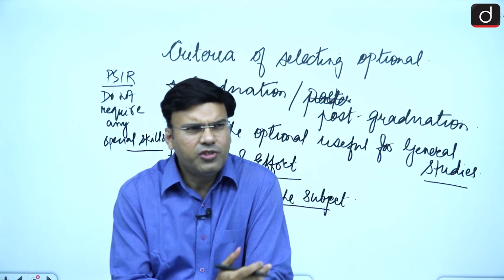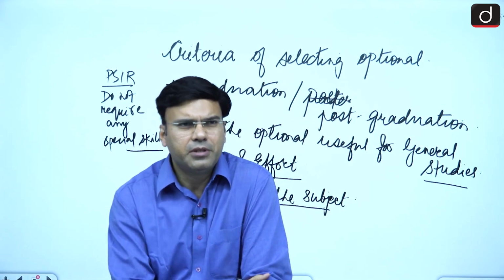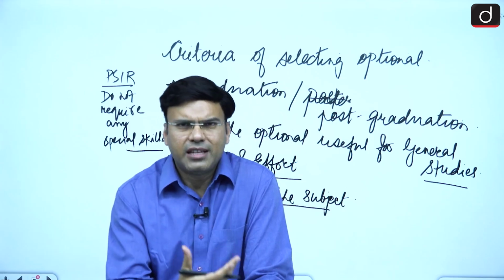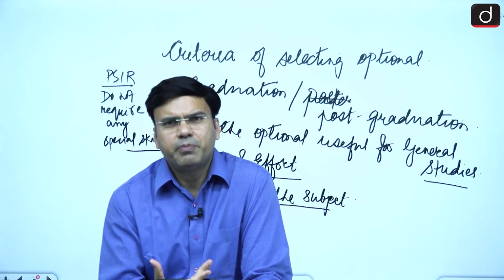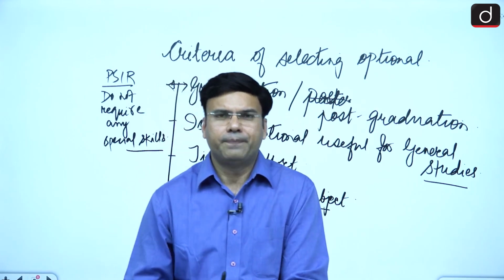So what I would say is that the nature of the paper is such that more than being a specialized paper, it's more generalized. That is why so many aspects of the paper are read also in the general studies portion.